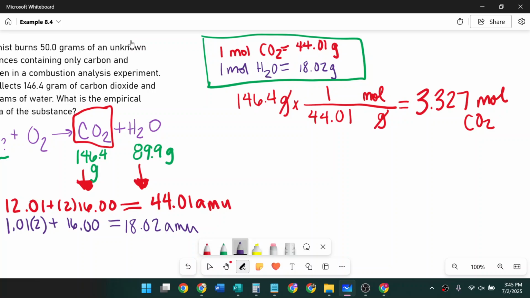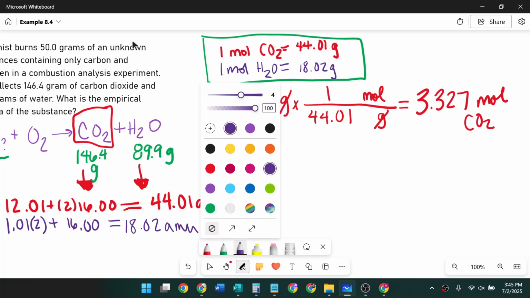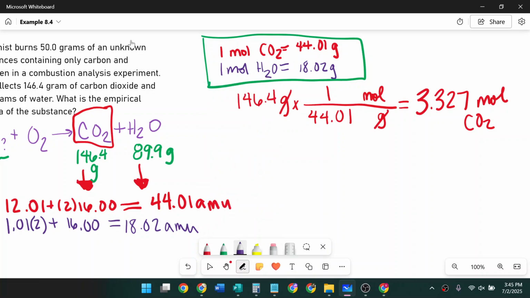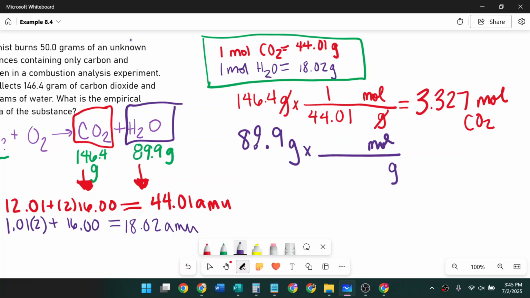Alright, so now let's do the water. For the water, we had 89.9 grams, and we want to know how much water we had. So now we're working with this one. So 1 mole of water is 18.02 grams.